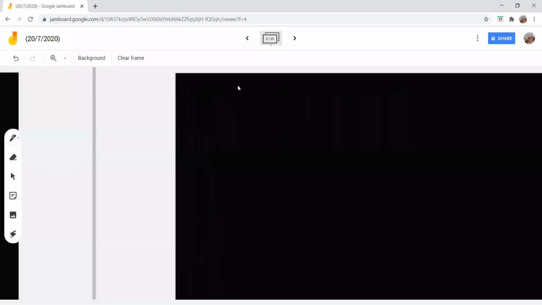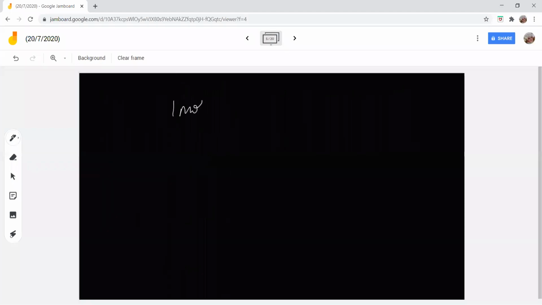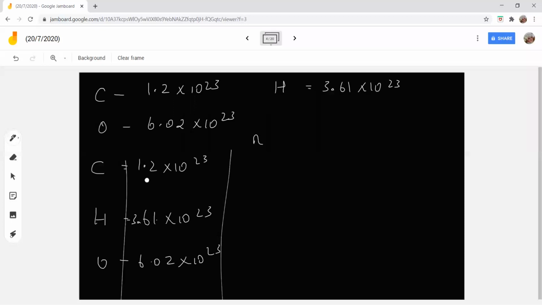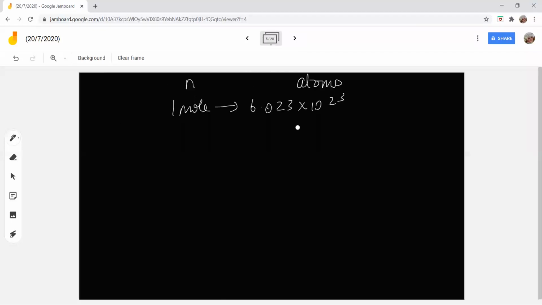Basic comparison. They are asking you comparison between number of moles and atoms. So we know that 1 mole contains 6.023 into 10 power 23. So the number of moles in 1.2 into 10 power 23 atoms has to be identified. This is x, correct?